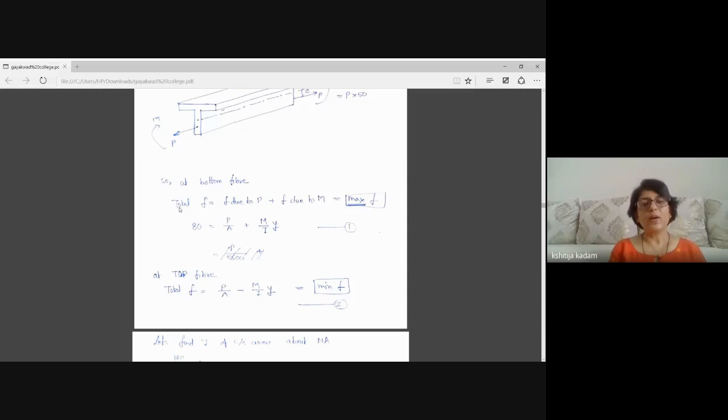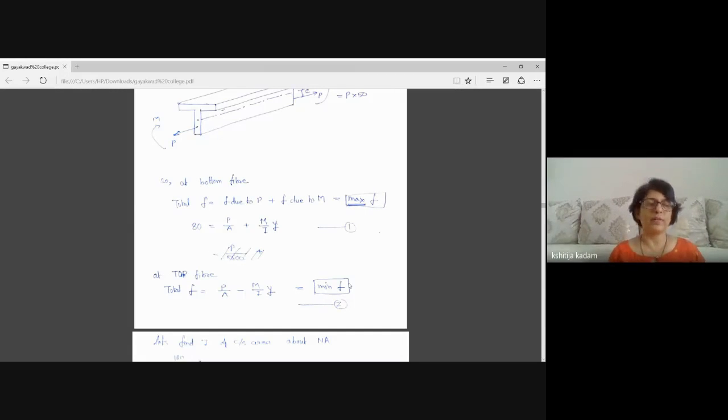So when I have to find the total stress at the bottom fiber, I will write the stress because of P, which is tensile, and the stress because of moment, which is also tensile. So I am adding these two. And similarly, at the top fiber, pull will give expansion, but the moment will cause compression. So I am deducting them, and that will be the minimum stress. The bottom fiber will have maximum stress, and the top fiber will have minimum stress.